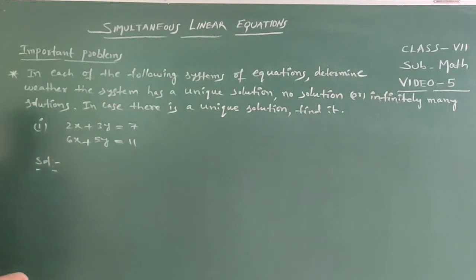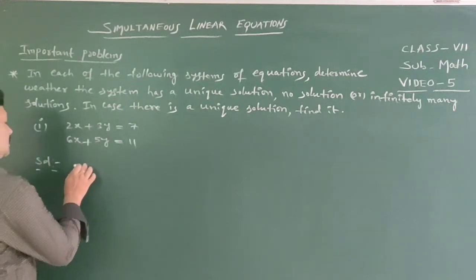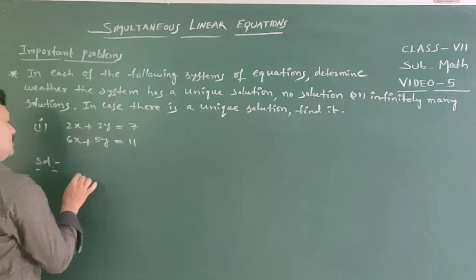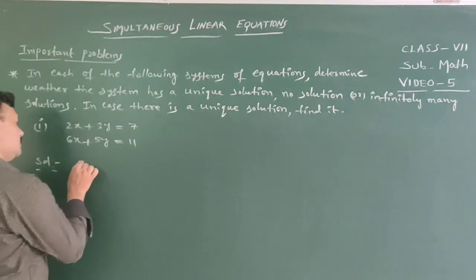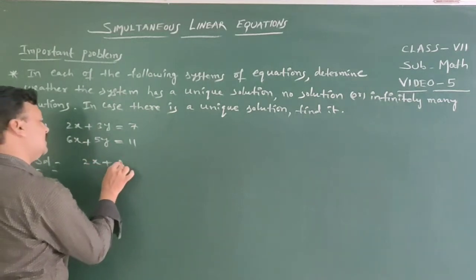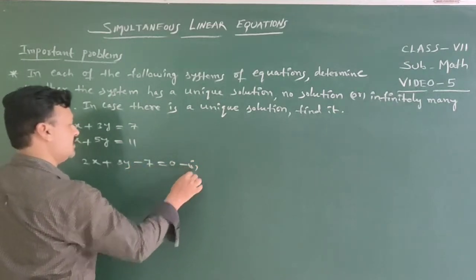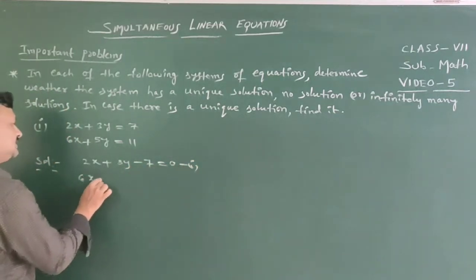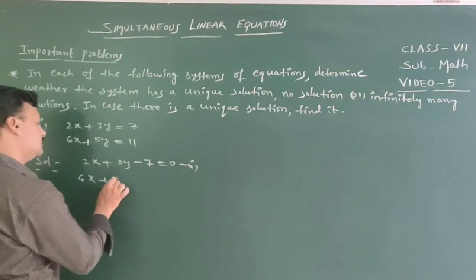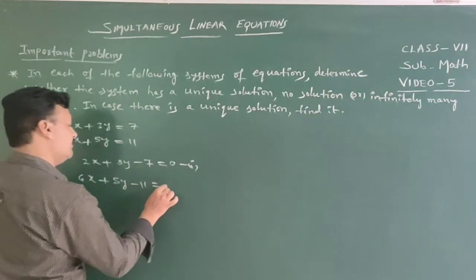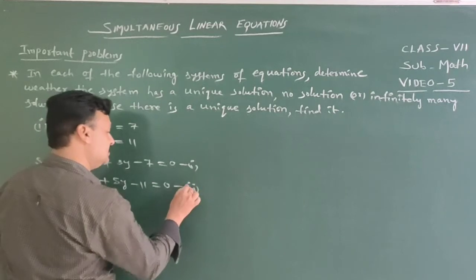Now here, 2x plus 3y minus 7 equal to 0 be the first equation, 6x plus 5y minus 11 equal to 0 be the second equation.